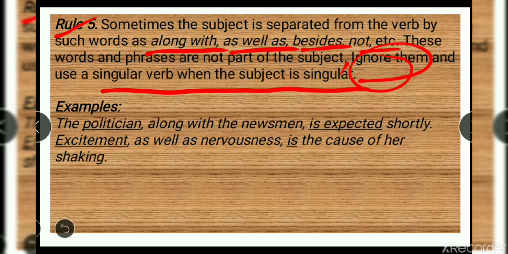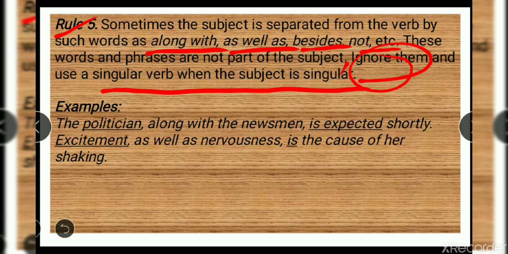It will be very clear if we see the example. The politician, along with the newsman, is expected shortly. Here I am talking about the politician, which is the first word we will deal with when we get phrases like along with, as well as, besides, unlike, and so on.